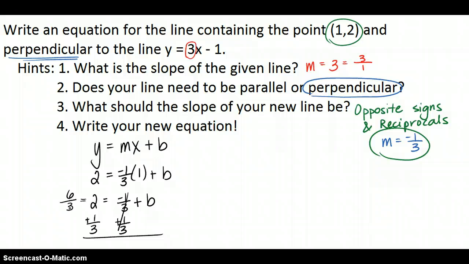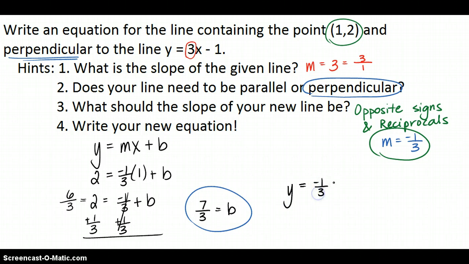So now we can add our fractions together. We'll get 7 over 3 for our y-intercept. And our job is, once we have the slope and the y-intercept, to write our final equation. So when I plug them back into slope-intercept form, I get y equals negative 1/3 times x plus 7/3.